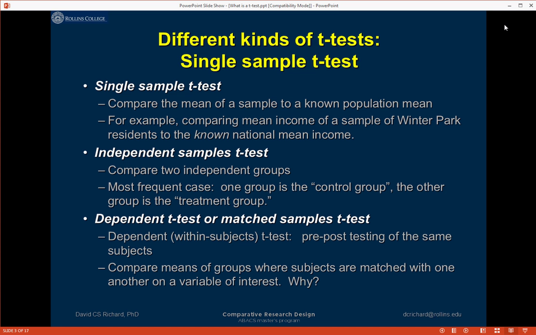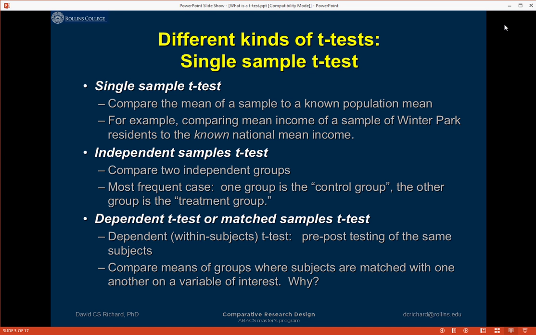Then there's a third set of t-tests referred to as dependent t-tests, and they include the straight within subjects dependent t-tests as well as what we call a matched samples t-test. In a dependent within subjects t-test, this is the closest analogy that we have to an A-B design in single subject design.